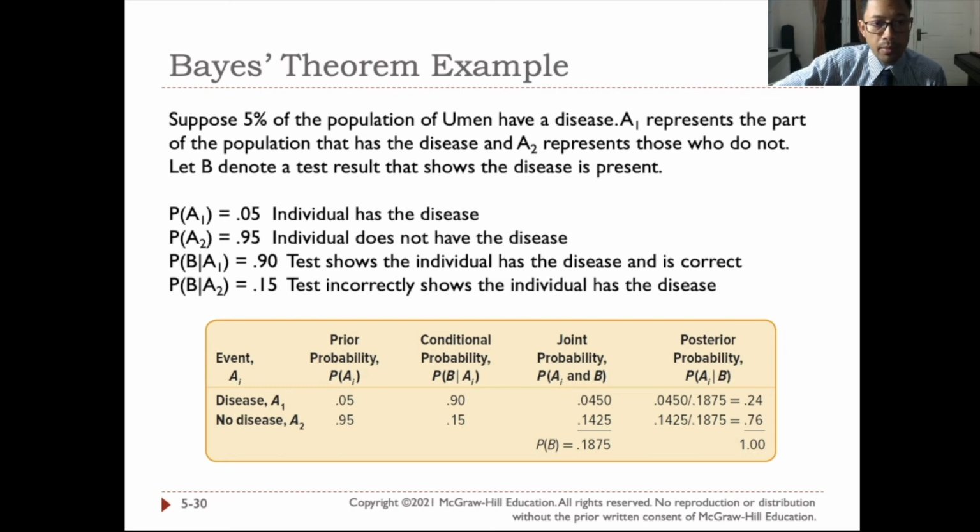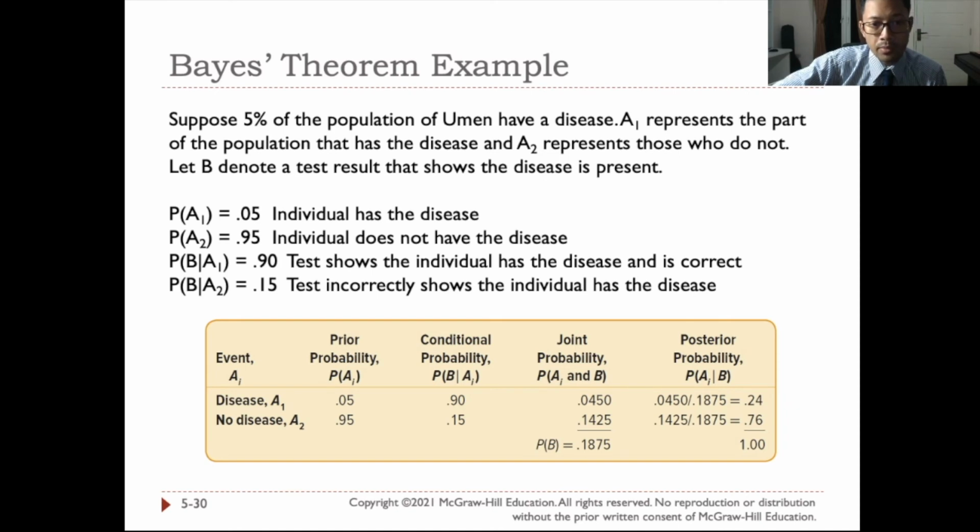The prior probability is P of A1 is 0.05 and P of A2 is 0.95. Now the conditional probability of showing positive conditional on A1 is 0.90, and the probability of a positive test conditional on an individual not having the disease is 0.15.